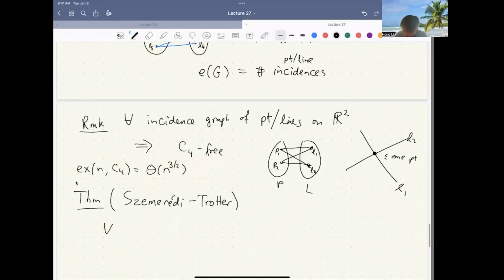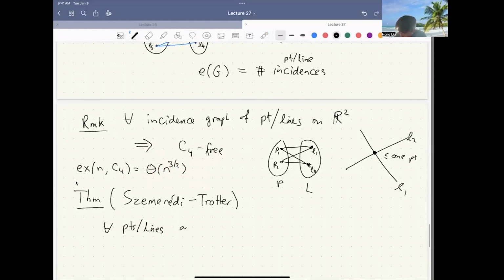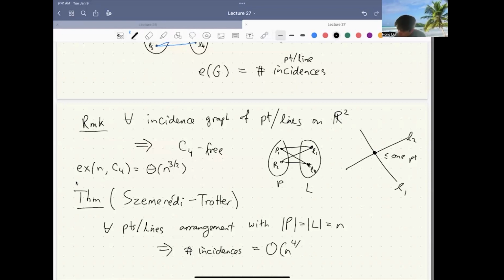For any points and lines arrangement, with P equal to L equal to n, you have n points and n lines, then the number of incidences is big O of n to the 4/3.